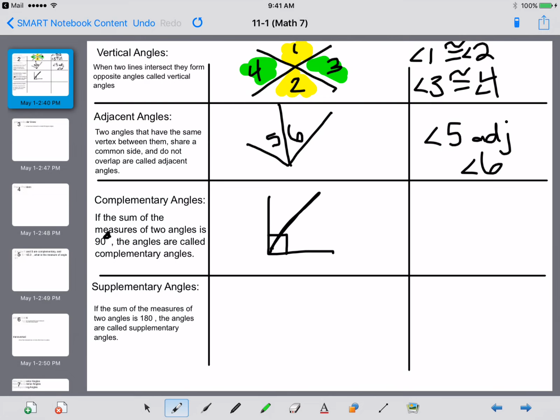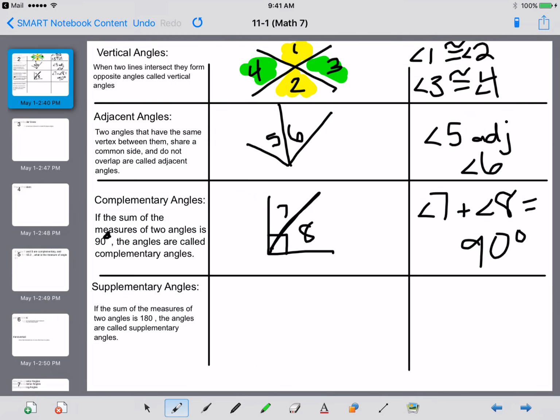So if the sum, when you add them together, is 90 degrees, they are complementary angles. So say this was 7 and this was 8. Angle 7 plus angle 8 equals 90 degrees. The sum of the two is 90.